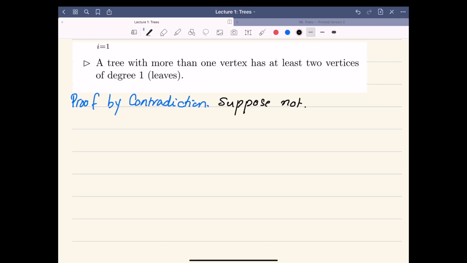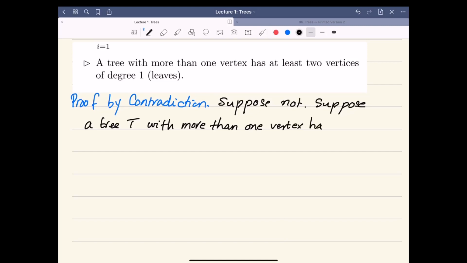So the negation statement will be, suppose a tree, and we will give it a label T, with more than one vertex has, and the negation for at least, it will be at most one leaf.